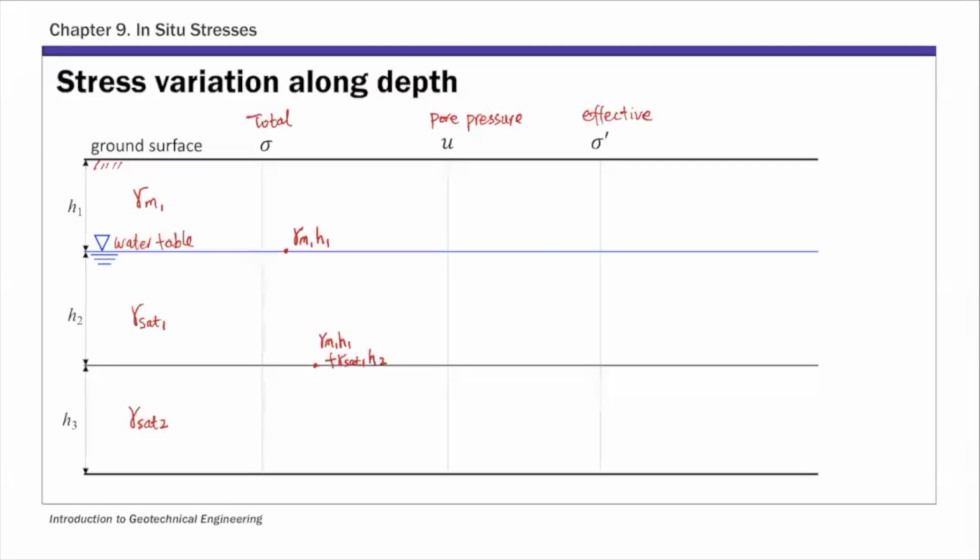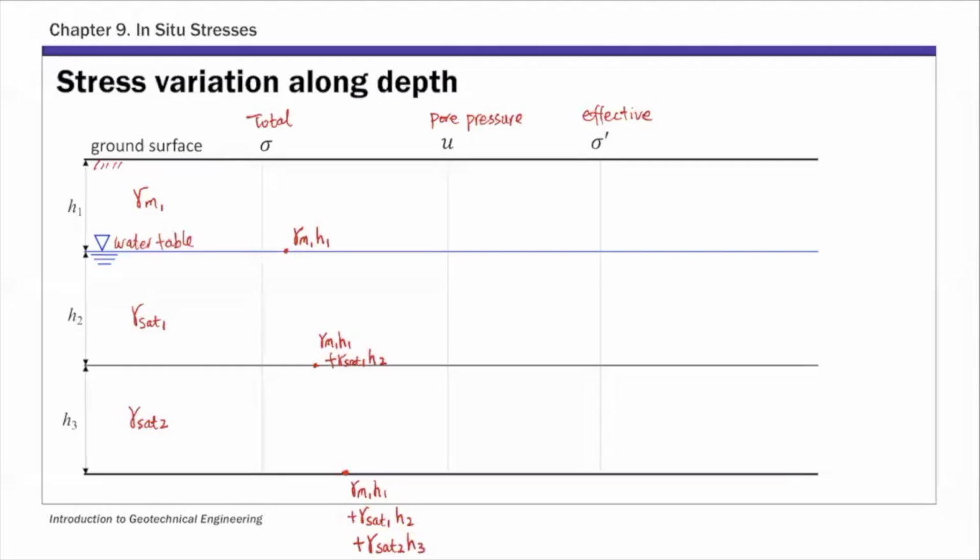Finally, at the bottom of this soil profile, the total weight gives gamma M1 H1 for the first layer, plus gamma saturated 1 H2, and then you have the weight of the third layer over its cross-sectional area, which is the unit weight of the third layer times its thickness, plus gamma SAT2 H3.